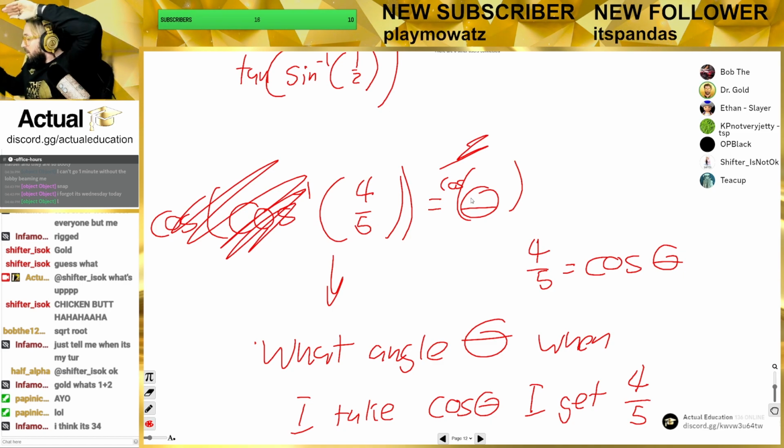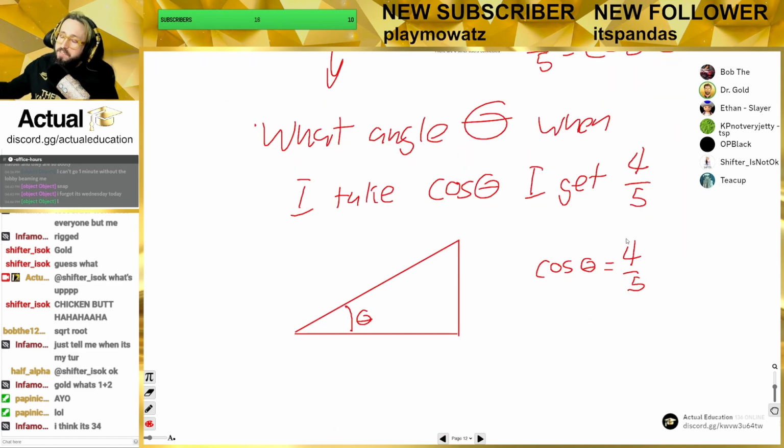Okay. All right, so the cosine of theta equals 4 over 5. This is my triangle. What is cosine? What over what? This is the whole SOHCAHTOA.